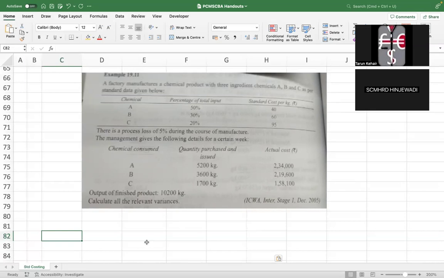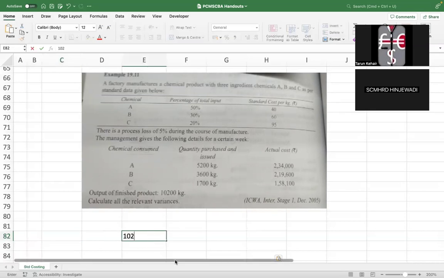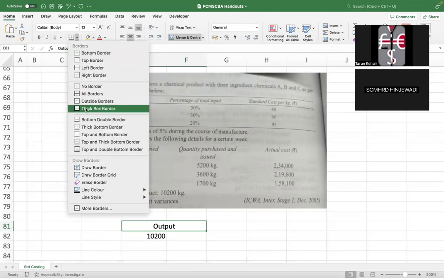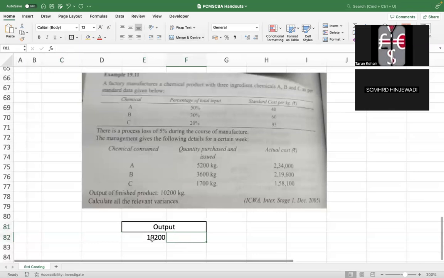Output of the finished product is 10,200 kgs. Now, if this is 10,200 kgs, it is obviously after the standard 5% normal loss.